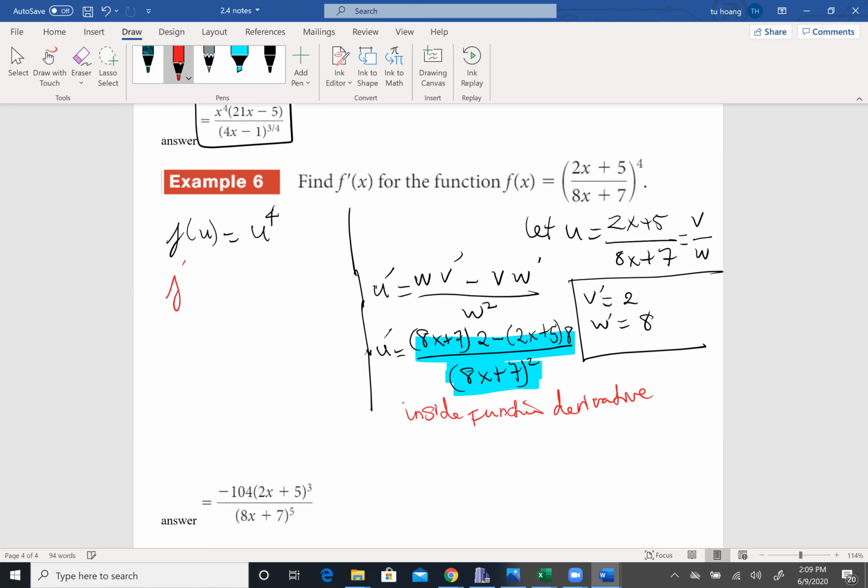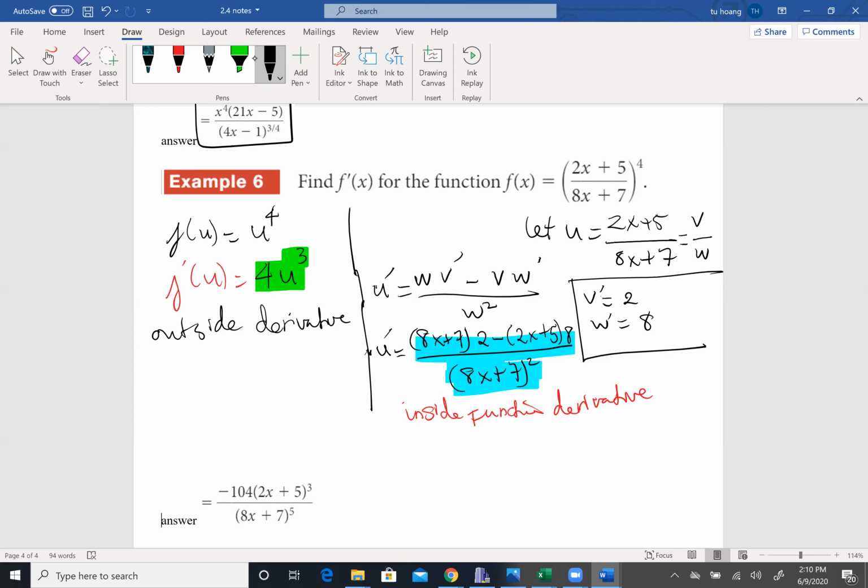Okay, which is f derivative of u, which is equal to 4 times u to the power third. And I would like to color this and say this is the outside derivative.